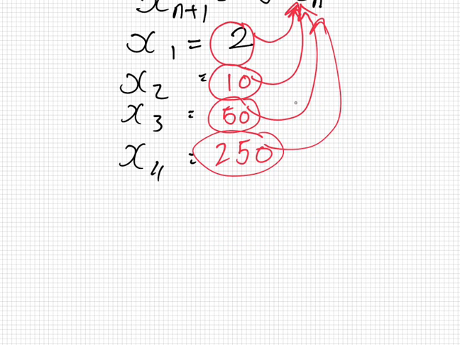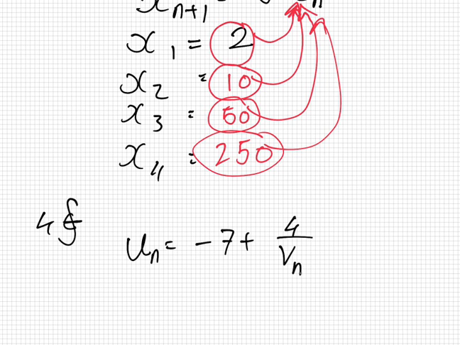Let's have a look at a more difficult example. I'd like people to try this one for me. This one here is actually 4c. un equals, no, actually, we'll make it f. un equals minus 7 plus 4 over vn minus 1. Now, I know I've changed the notation a little bit here, but that's okay because that happens in the question sometimes.